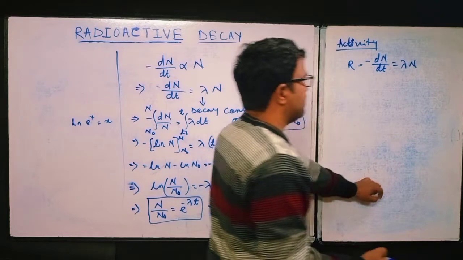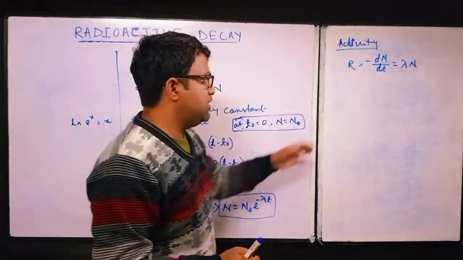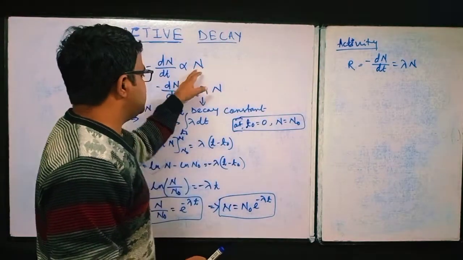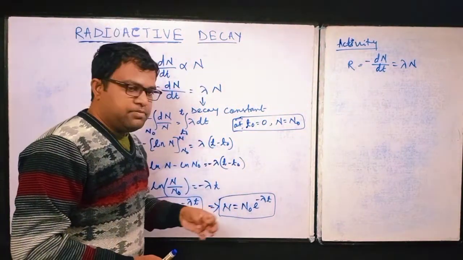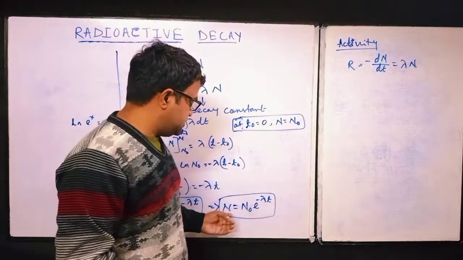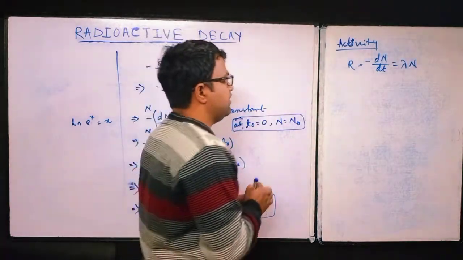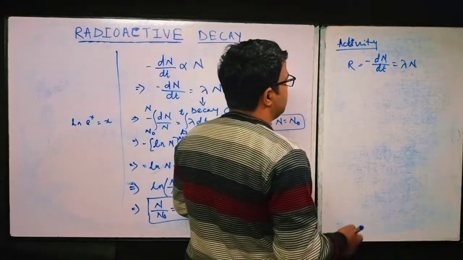Activity means the rate of decay, right? N is the number of nuclei left after time t. Activity is the rate of decay, dn upon dt.